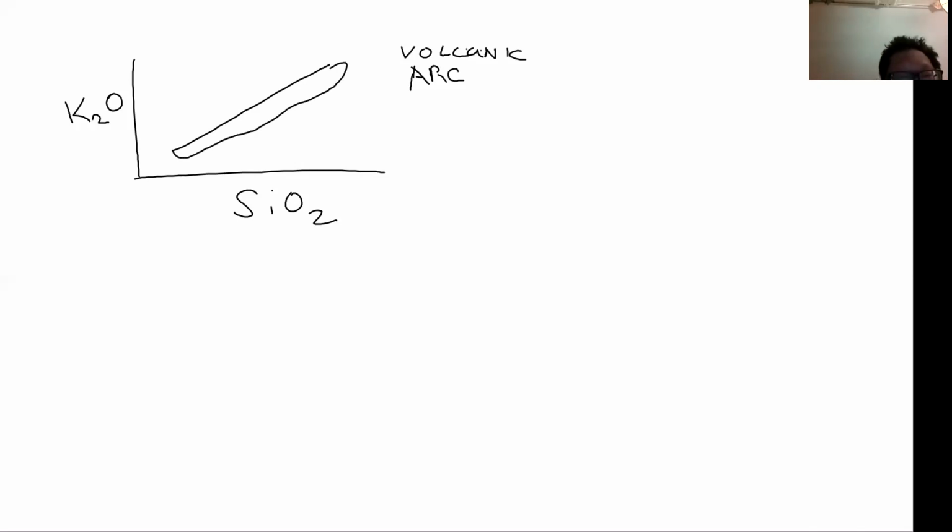And it turns out potassium, up until you get to very high potassium content, is actually almost perfectly incompatible. Silica is not. But if potassium is perfectly incompatible and you start off and say something here is your C0, and you're looking at a rhyolite here, C melt, then you can calculate the Cm over C0, approximately 1 over F.